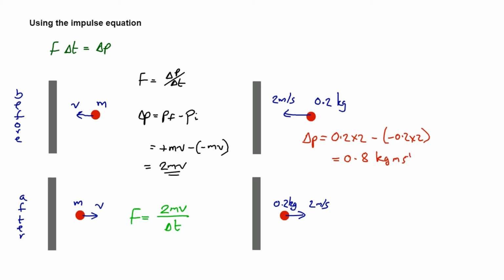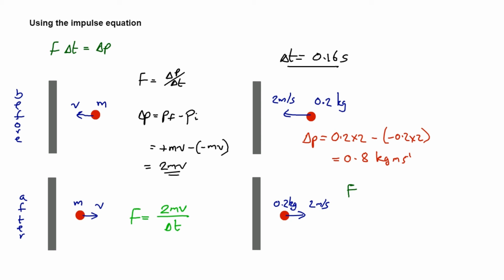And then when we apply our impulse equation to find the force, we need to know the time of the collision. So let's suppose that delta t was 0.16 seconds. That sounds reasonable for the time, doesn't it? That's just the time that the ball is in contact with the wall. That's the time of the collision, not the time for the whole journey.